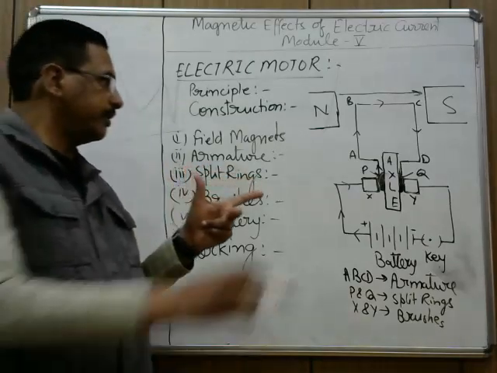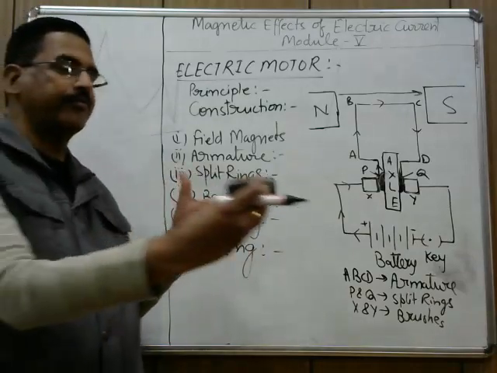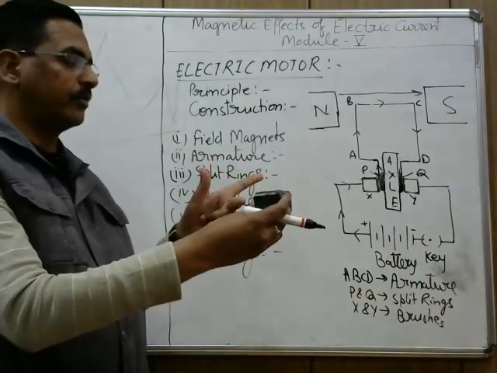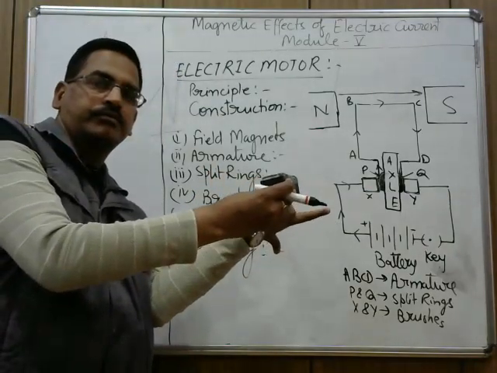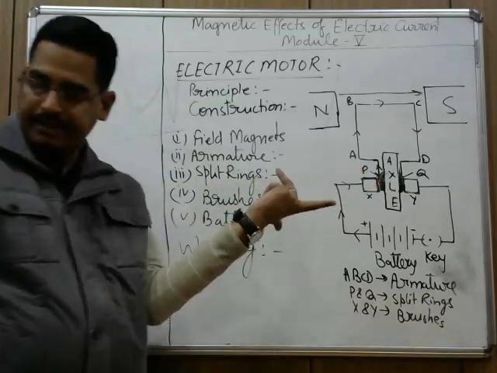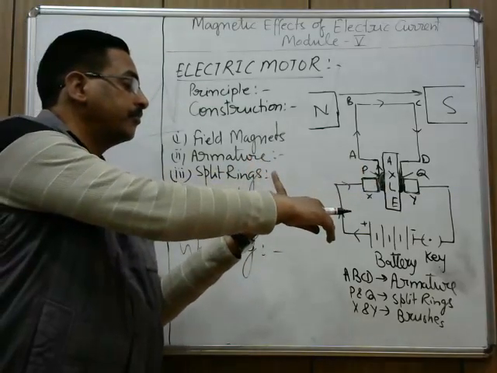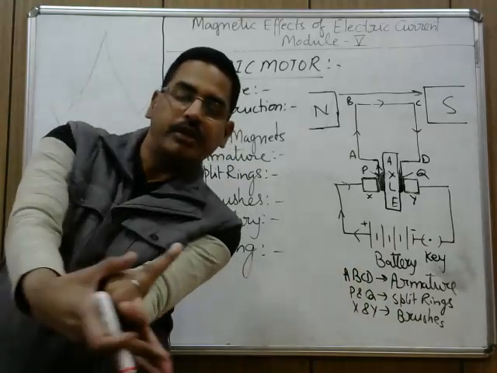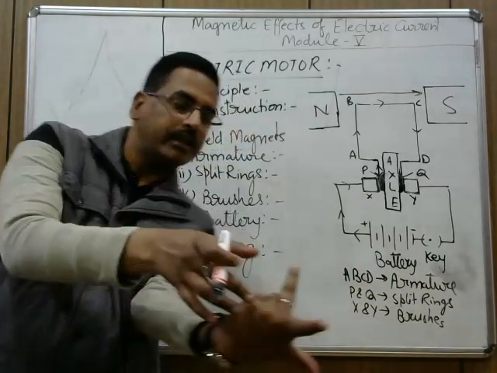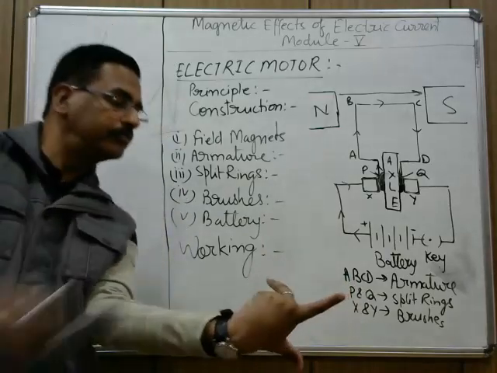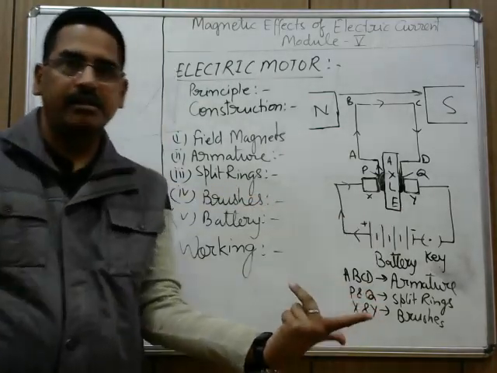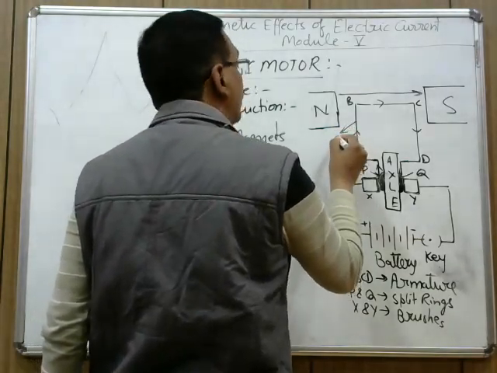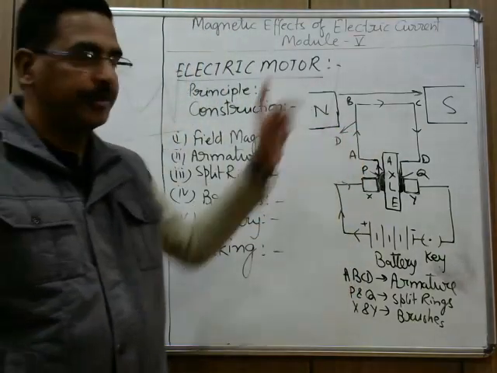Now see, the direction of current in the arm AB is A to B, and the direction of magnetic field is in this direction. So the force is acting downward on AB.